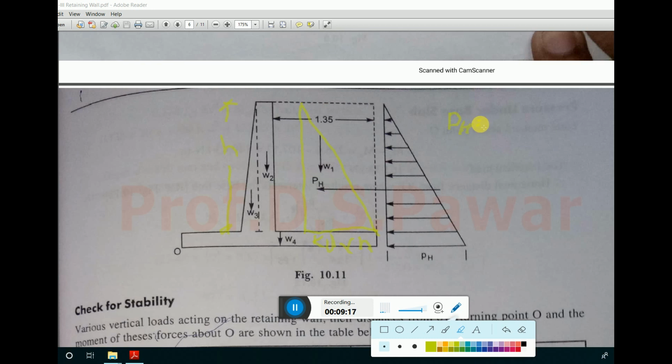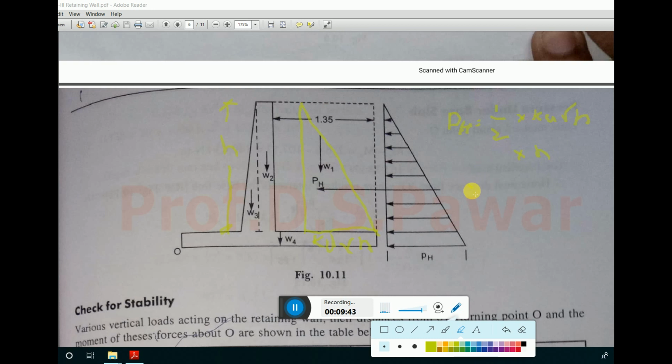we are going to calculate by considering the base pressure, 1/2 base of this triangle. So the base of this triangle is Ka into gamma into small h. This is the base and the height is small h.